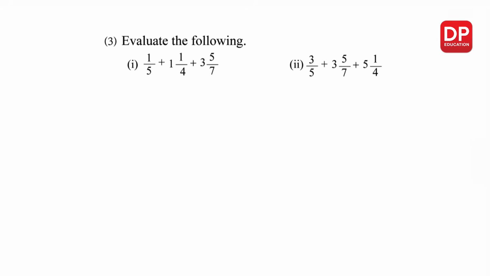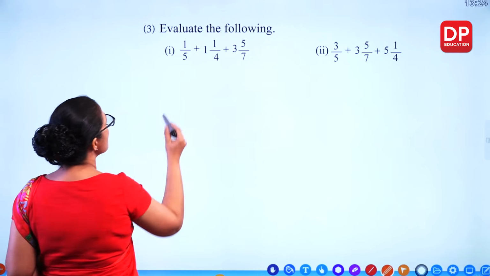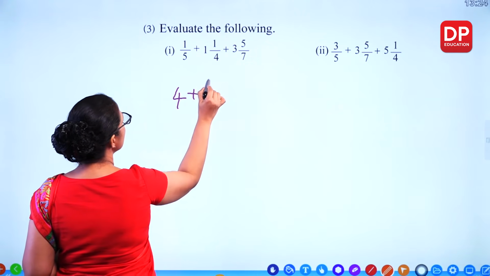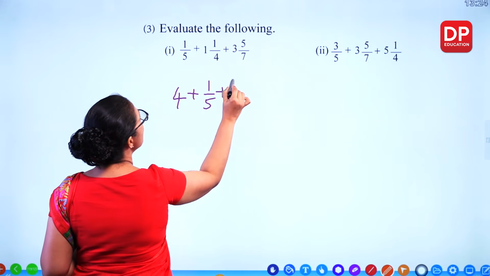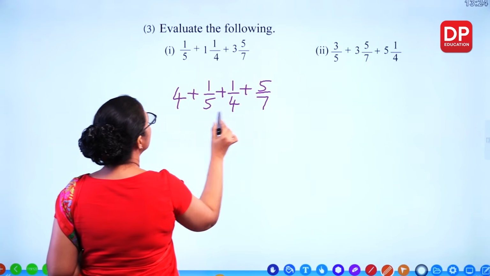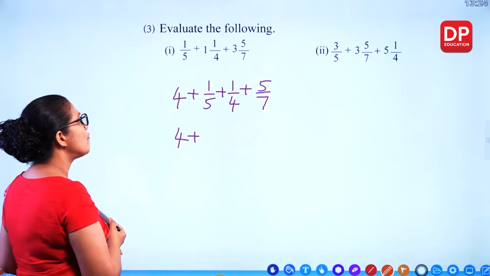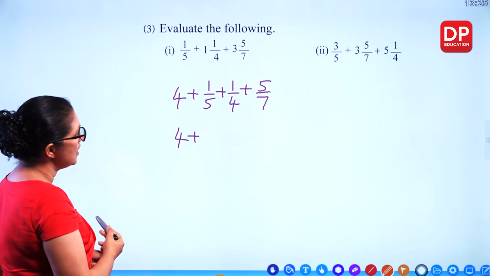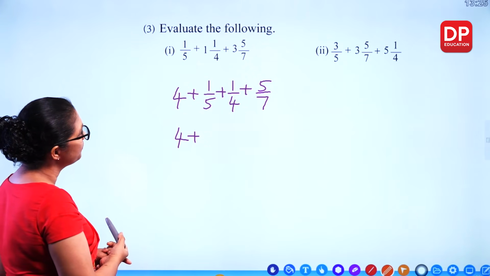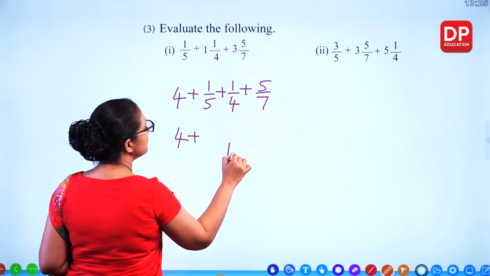Evaluate the following. Addition of fractions. So here first you can add the whole numbers. 3 plus 1, 4. Now add the separate fractions. What's the common denominator? 5 and 4, 20. 20 and 7, that's 140.